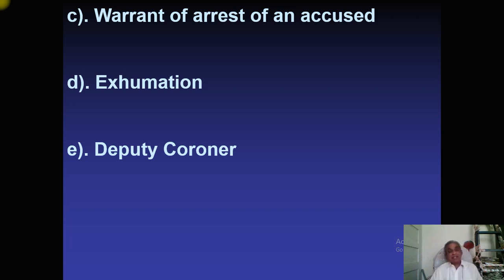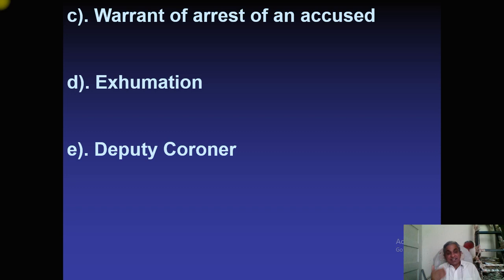The medical opinion is also taken from the district health officer and the medical superintendent of the DHQ hospital, but it is the police who will decide whether an exhumation, disinterment of the dead body after burial, is needed or not.